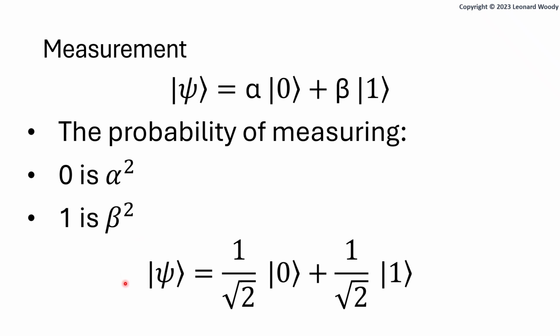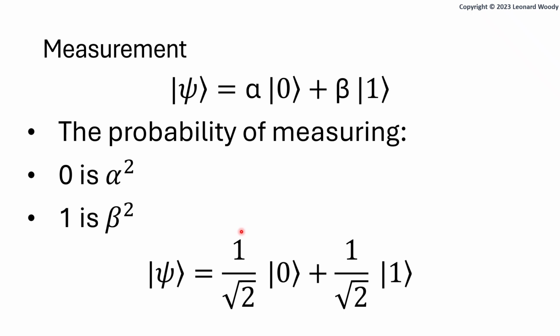Now, this is a classic state here where we have psi, the qubit, equal to 1 over root 2 times the 0 state plus 1 over root 2 times the 1 state. The question I usually ask is, if I go to measure this particular qubit, what is the probability that I will get a 0? If you want to pause the video real quick and do that, that'd be great.